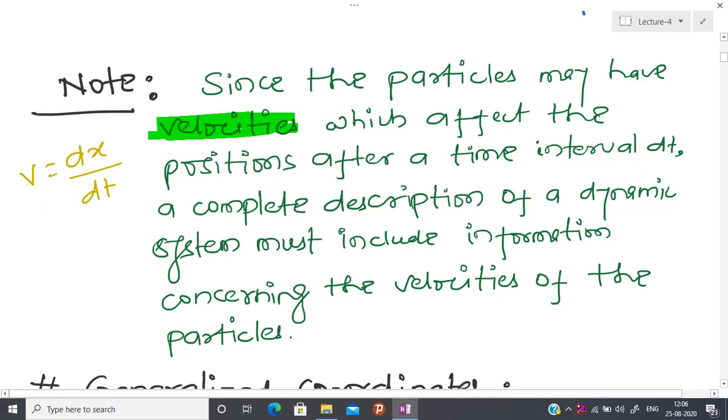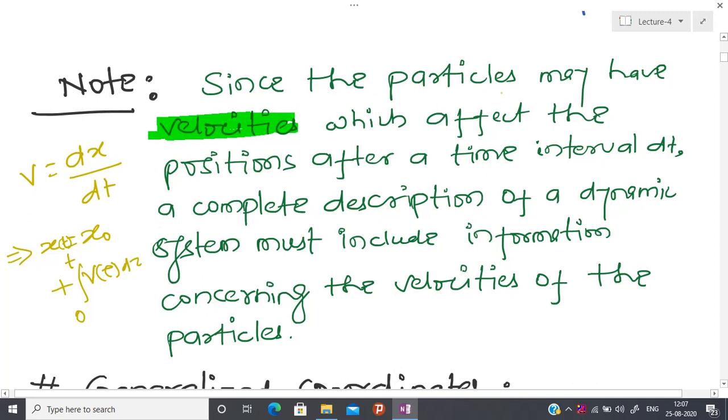So once I have some velocity, that velocity will affect the position also, and I can write it like this: x(t) = x0 plus the integral from 0 to t of v(tau) d tau. Basically, I have multiplied by dt on both sides, and after that I am taking the integral from x0 to x(t). In this way, the same thing is written here.